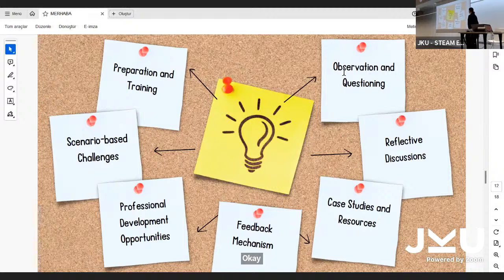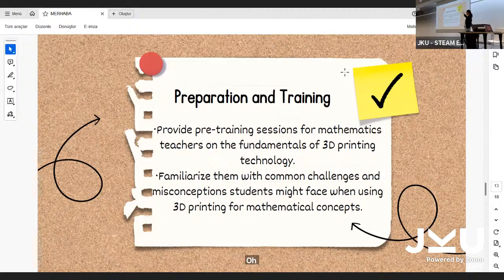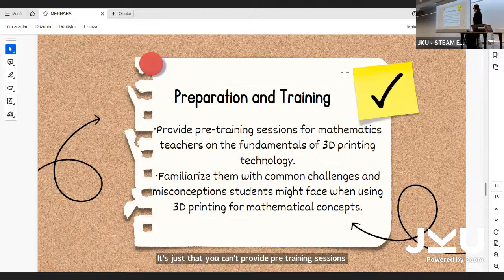Okay, I called it and asked it, please detail. What should I do for these ones? It says you can provide pre-training sessions for preparation, or familiarize teachers with common challenges and misconceptions students might face with 3D printing.